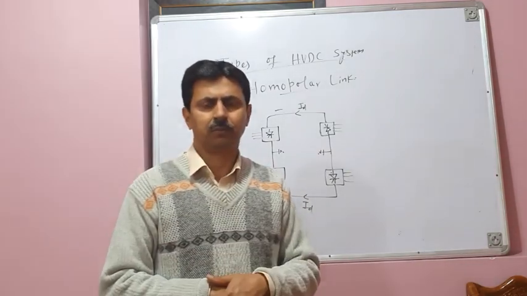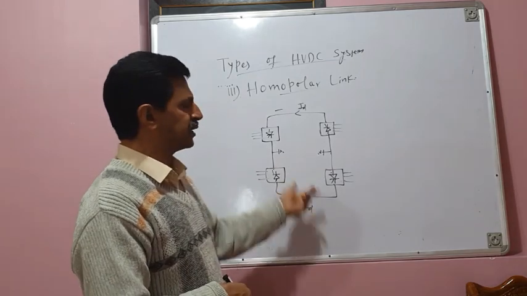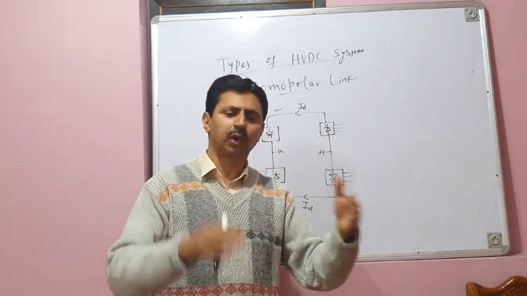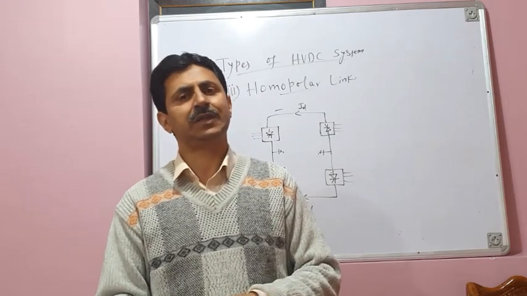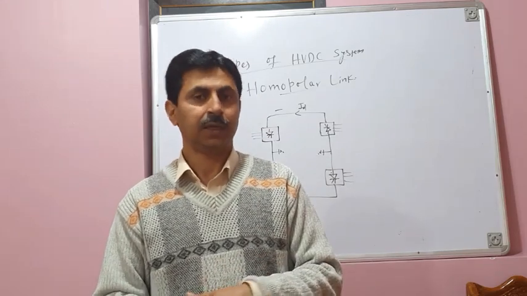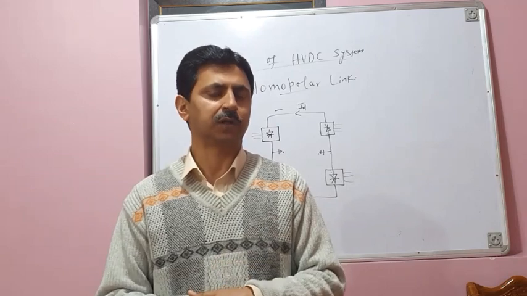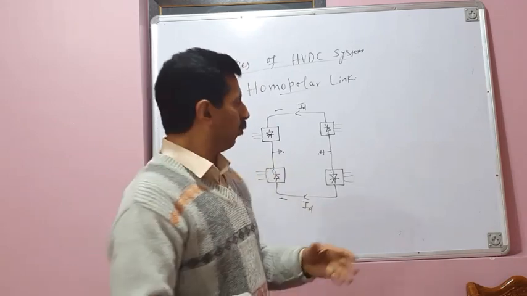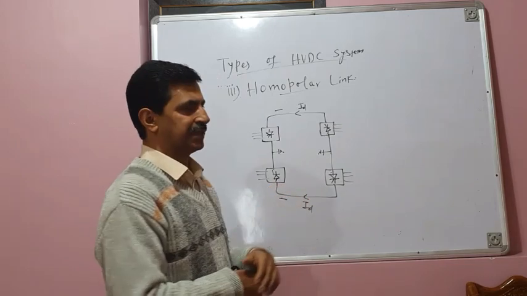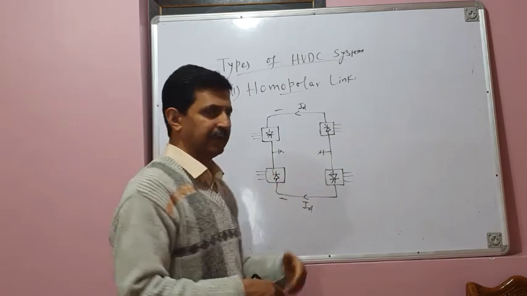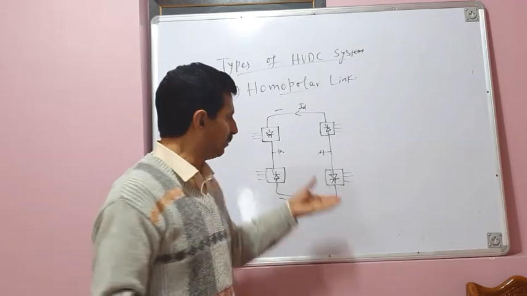Just like in bipolar link, if one of the poles develops the fault, the other pole along with the ground can still be used as a homopolar link, and there will be still flow of power. How much power? 50% of rated power. One advantage with homopolar link is that, for example, suppose this pole has developed fault, we have these two converters available with us, we are not utilizing them.